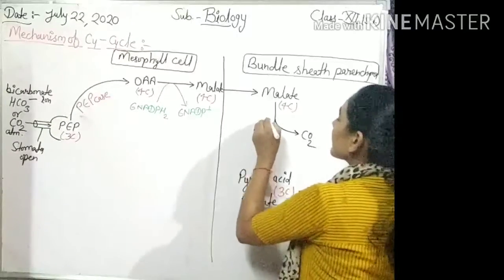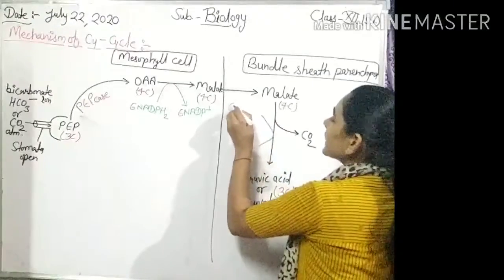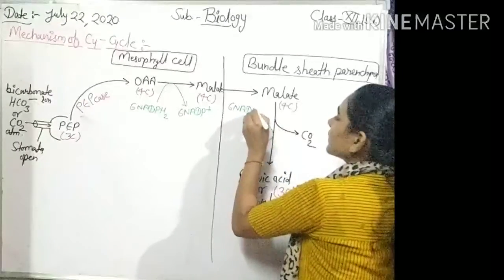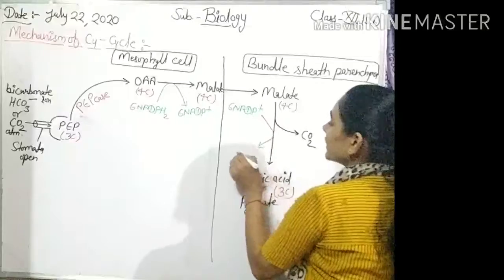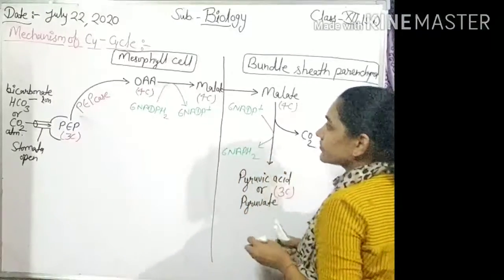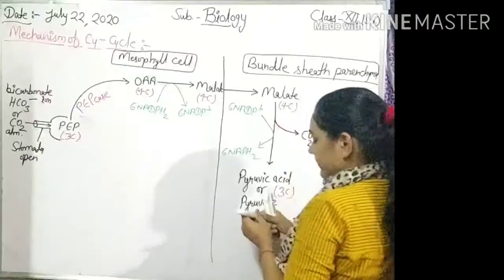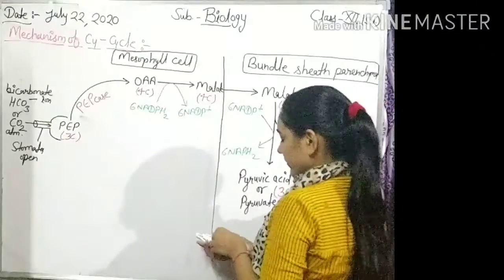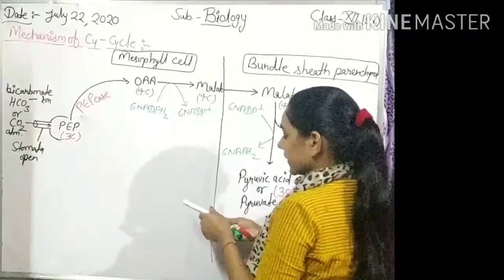Then 6 NADP plus converts into 6 NADPH2. And it is a fully enzymatic reaction.